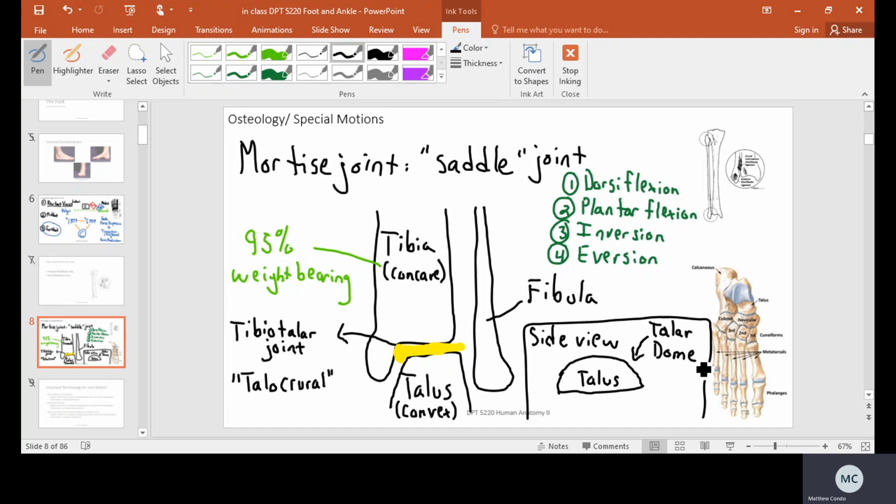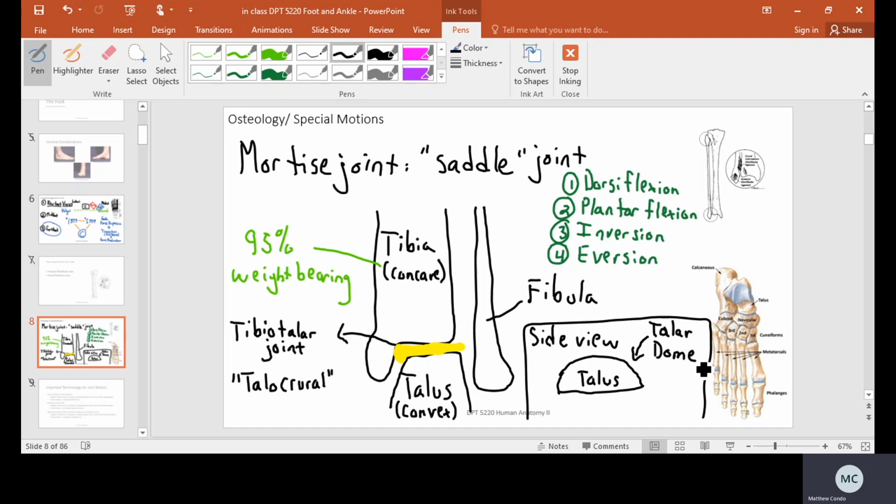But if I would not have understood the relationship between the knee and the ankle, I would have gone in and intervened on the knee and gotten nowhere. The problem was at the ankle. Okay, so you have to understand how this happens. So again, knee flexion is going to create dorsiflexion in a weight-bearing environment. Knee extension is going to create plantar flexion in a weight-bearing environment.